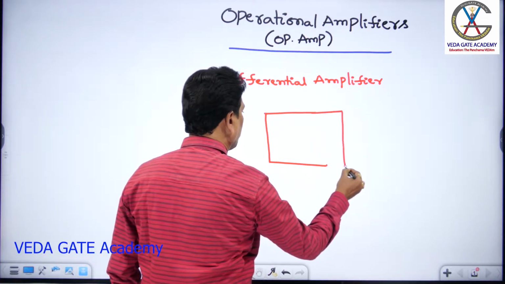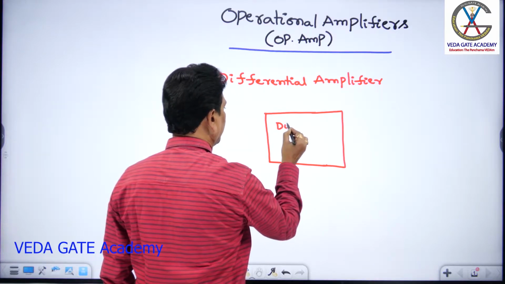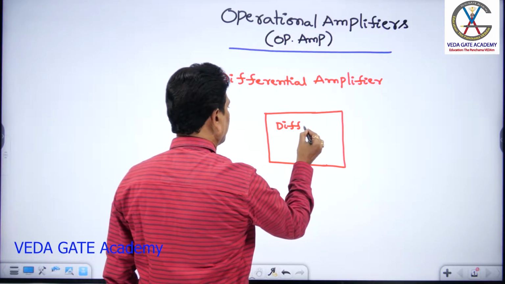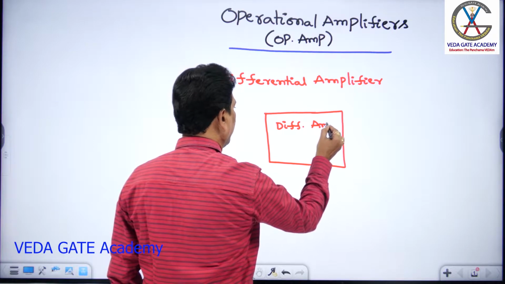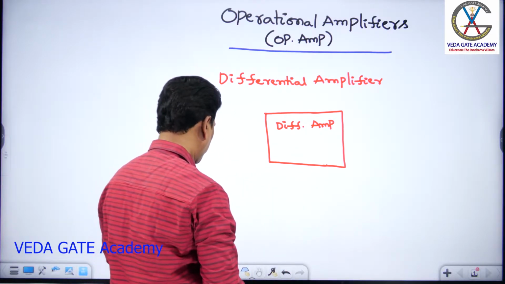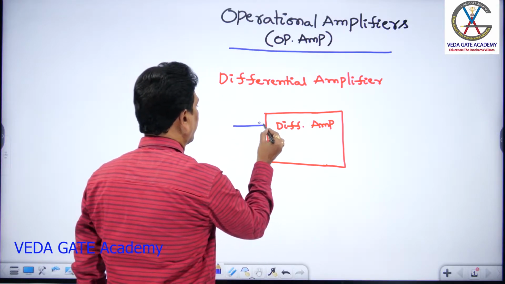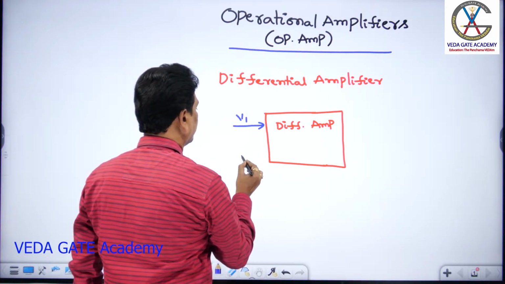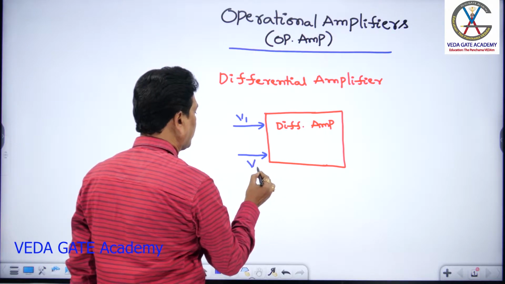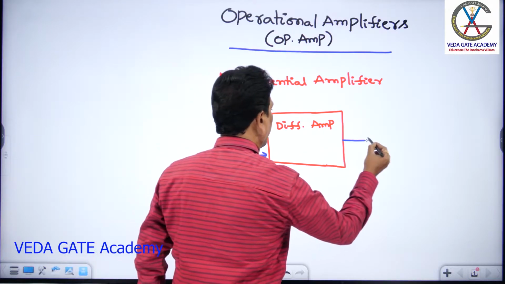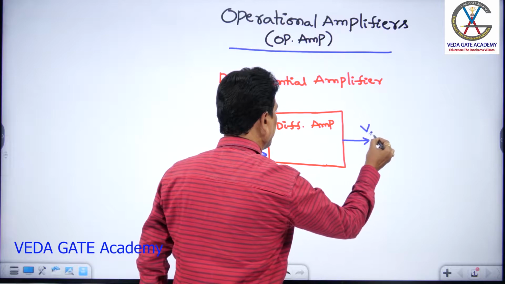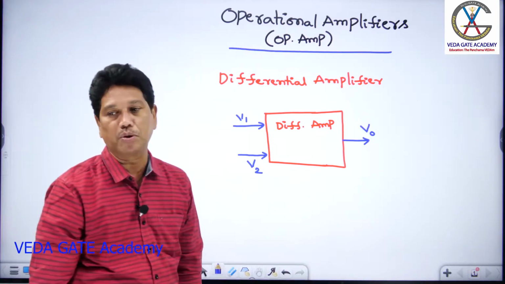So this is the differential amplifier, maintaining two inputs, some V1 and V2. Whatever the output is, it always depends on the difference of the two input signals, not on the individual inputs.